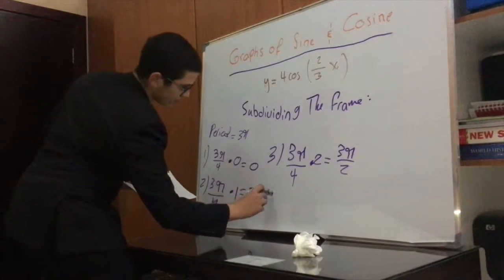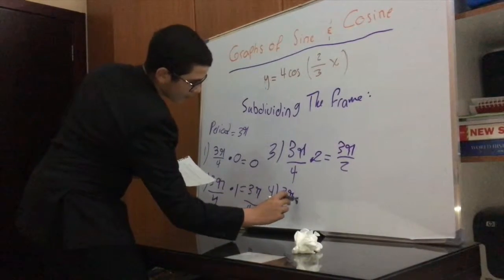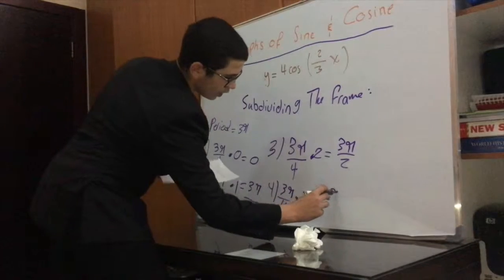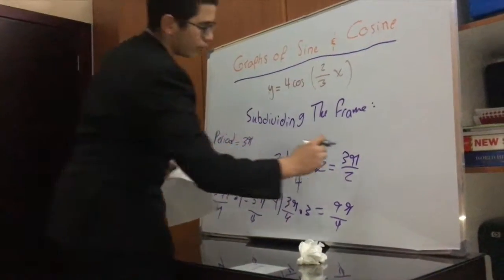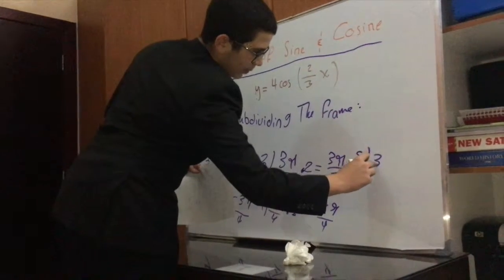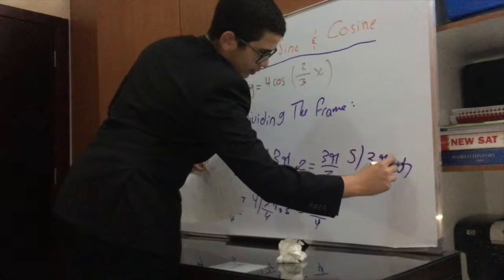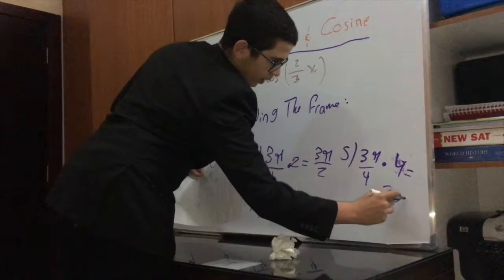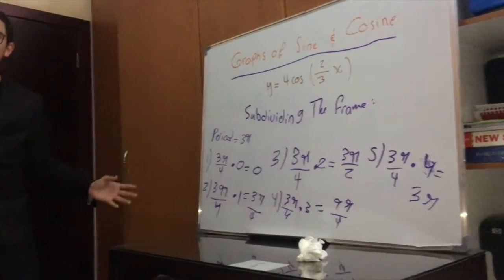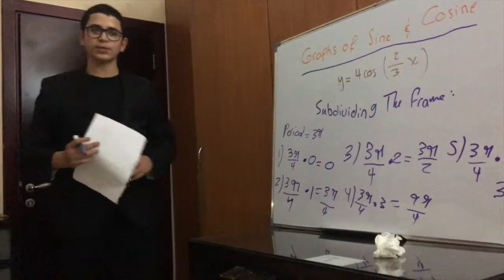Then 3 pi over 4 times 3, which gives you 9 pi over 4. And finally, 3 pi over 4 times 4 gives you 3 pi. Now we have subdivided the frame and found our domain, range, and period. So now we can finally graph the function.